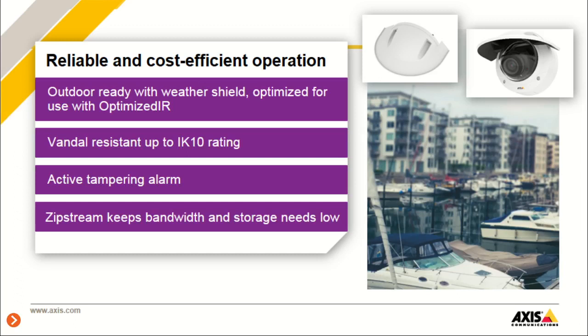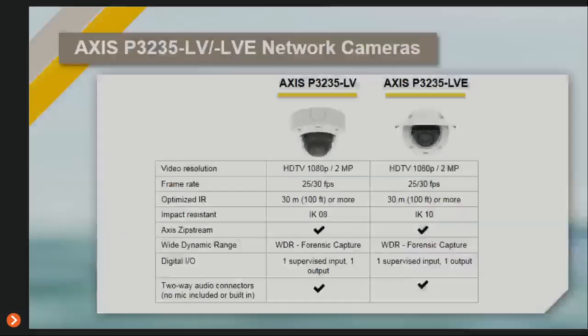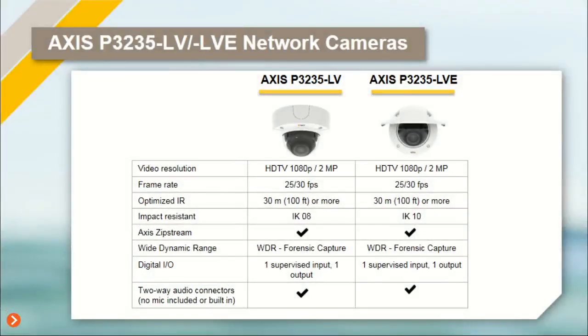And again, we see that Zipstream is just a really nice feature, helping you lower the bandwidth. If I compare these two cameras, here you also see the difference in IK rating, but also the digital I/O that it supports. So basically, on this camera there is a digital I/O with one supervised input and output, meaning that you can actually use this camera also directly to open a gate.